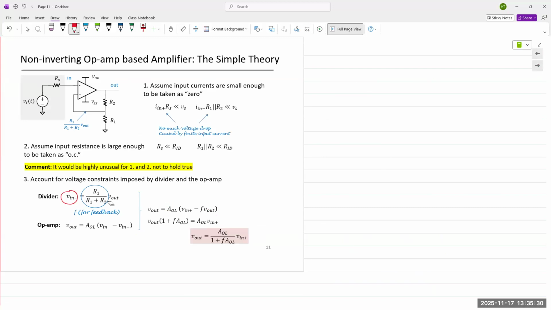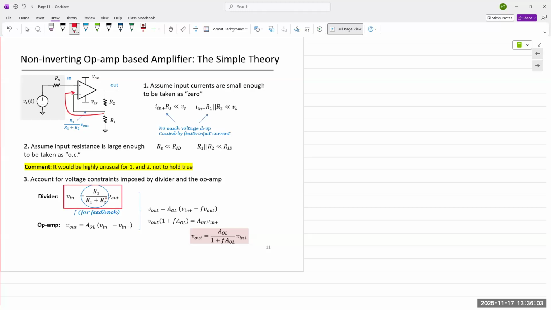And so V in minus is right here. A small portion of V out is fed back into the inverting input.